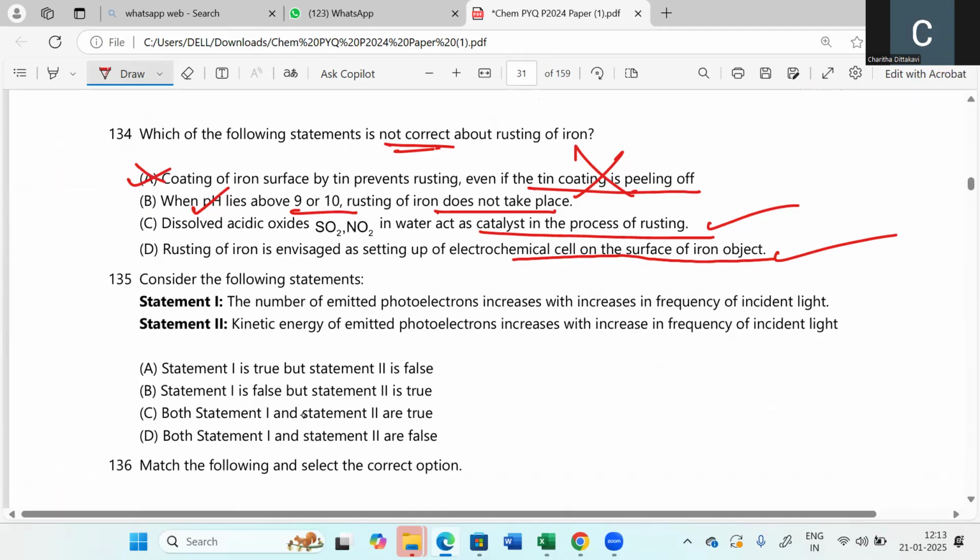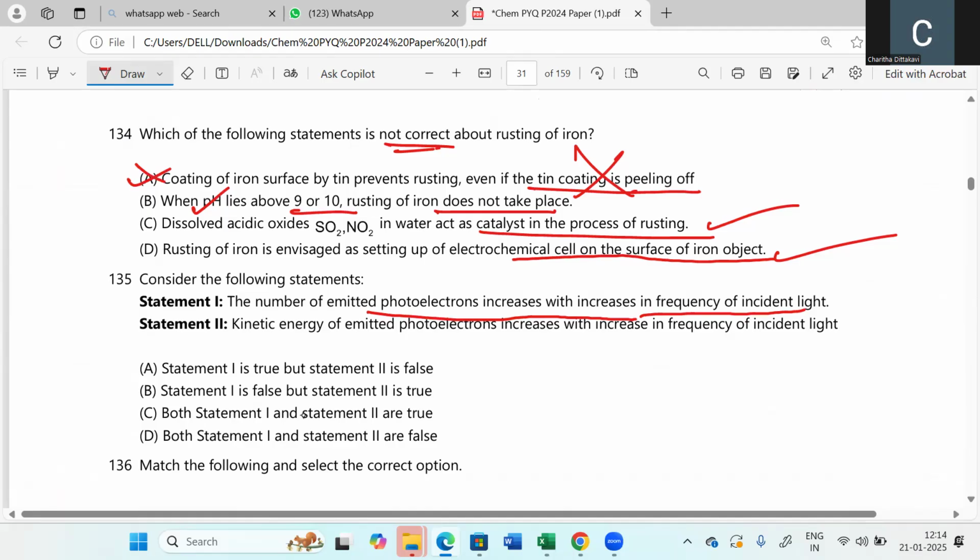Next, consider the following statements. 135. Number of emitted photons increases with the increase in the frequency of the emitted light. This is from the atomic structure chapter, question number 135. Statement 1 is false. Sorry, emitted electrons increase with increasing, no, increase in the frequency decreases the energy, so the number of electrons will be less.